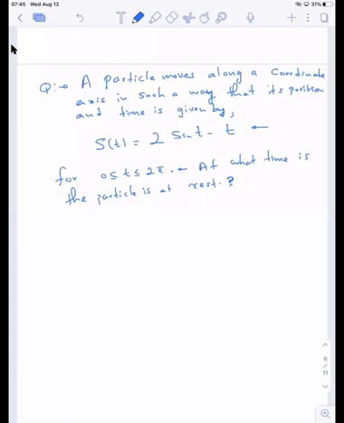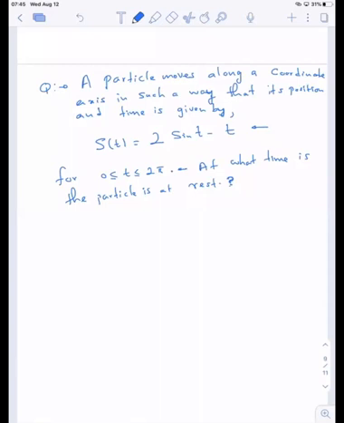You probably have done these kinds of problems within the first set of lectures in the physics lecture series as well. Anybody have any idea how to solve this? Right, so here the idea is, what you want to determine is when the particle is at rest, right?